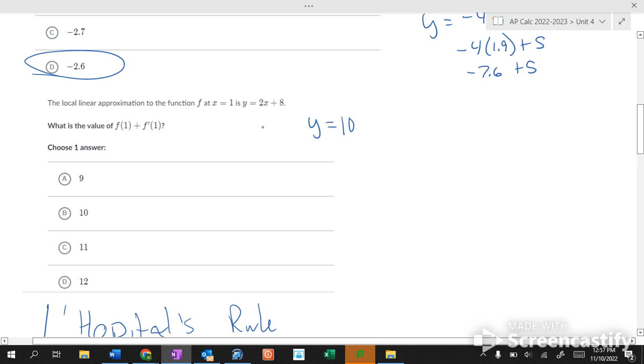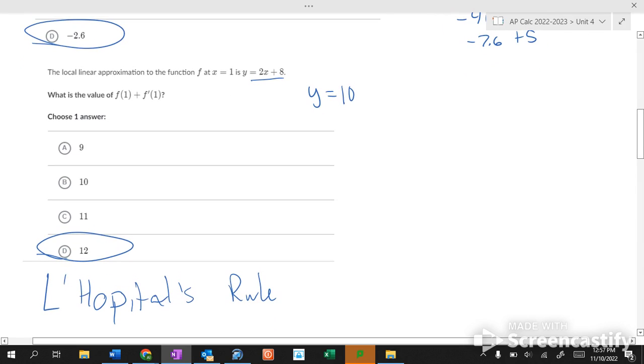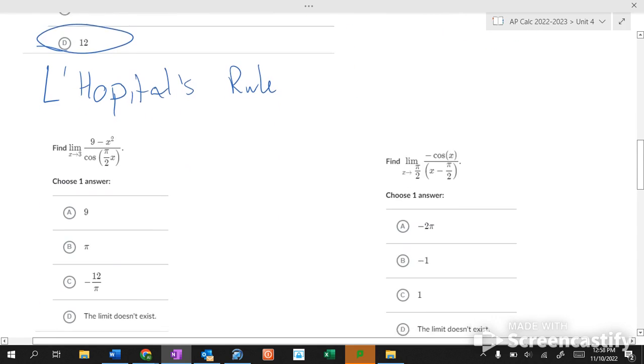Okay. What's the first derivative of this function? 2. So you take 10 plus 2 is 12. Okay? Problems like that, local linearity is super easy. It's just kind of basic algebra. You just have to know what slope is. This stands for slope. Slope is 2. All right.